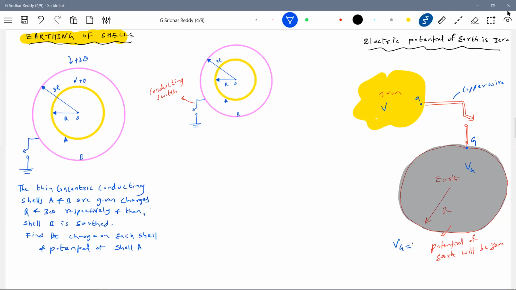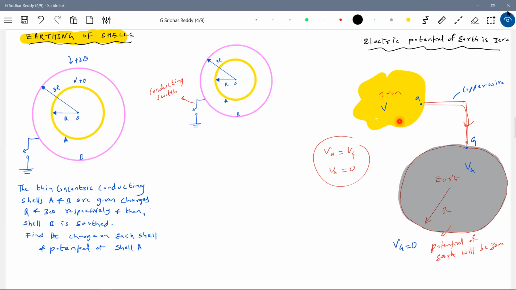So the potential of the body will also become 0. Potential A equals G, and potential of G is 0, so the potential of A will also become 0.